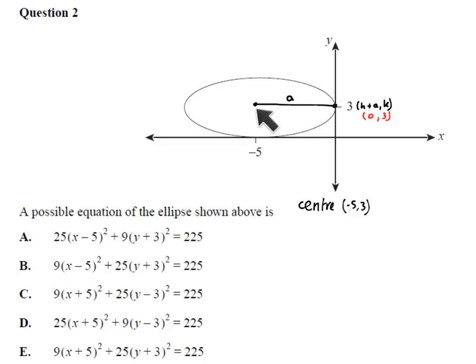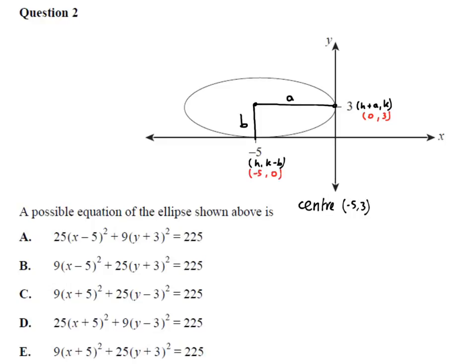We also know that for an ellipse, the horizontal semi-major axis here, a, is the same as the a parameter in the general equation. The point way over here is given by h plus a, and it has the coordinate 0, 3. So h plus a gives us 0.